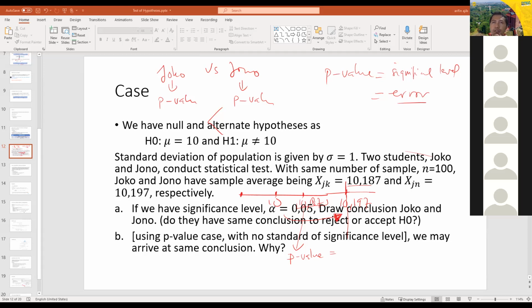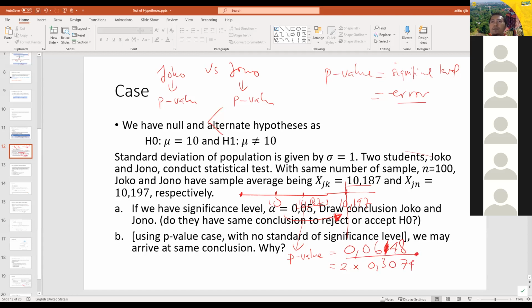If we base on this 10.187, we will have a p-value around 0.0148. Actually, it is 2 times 0.374. So that's the final result.